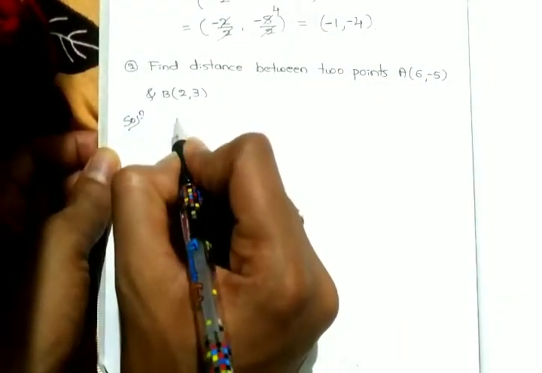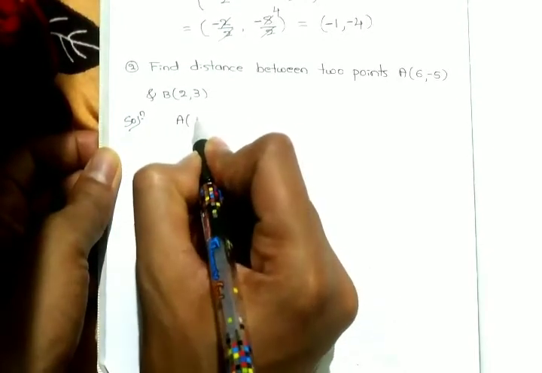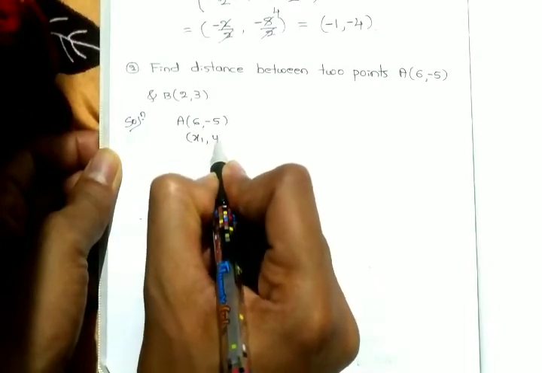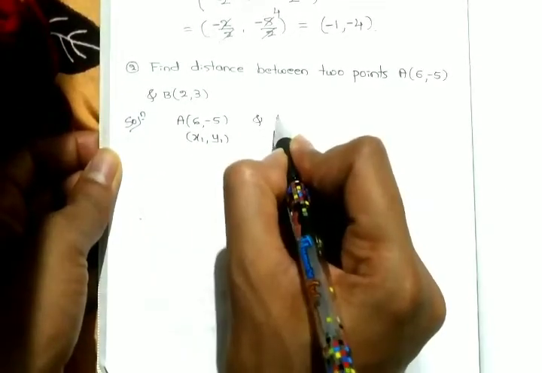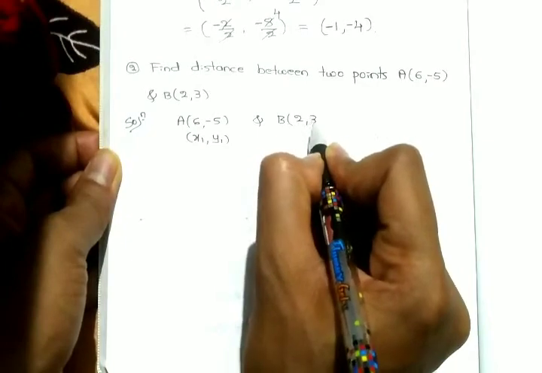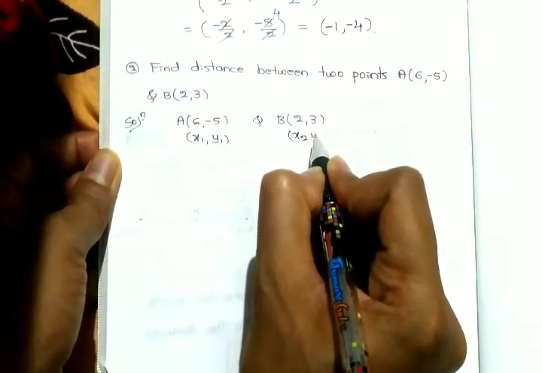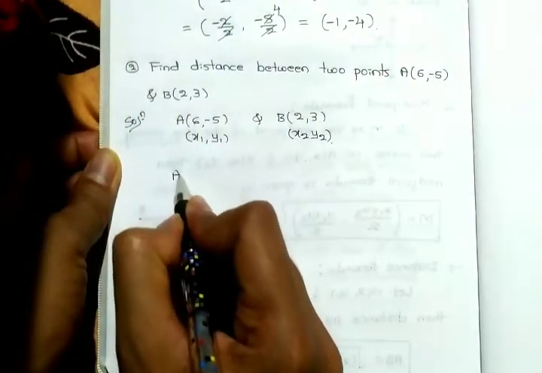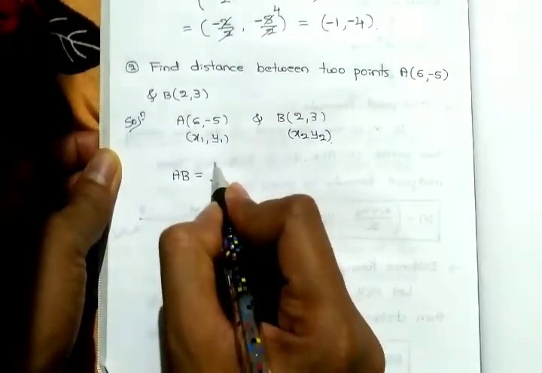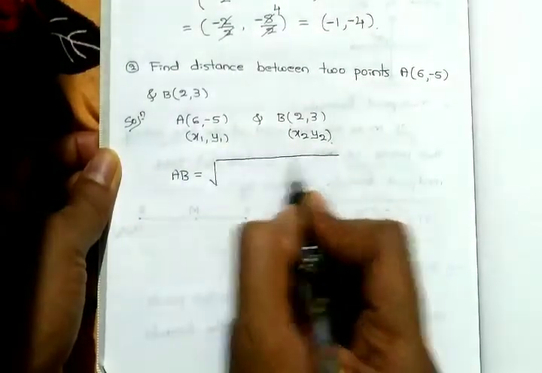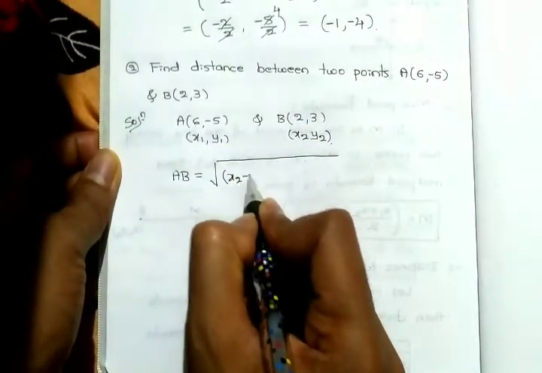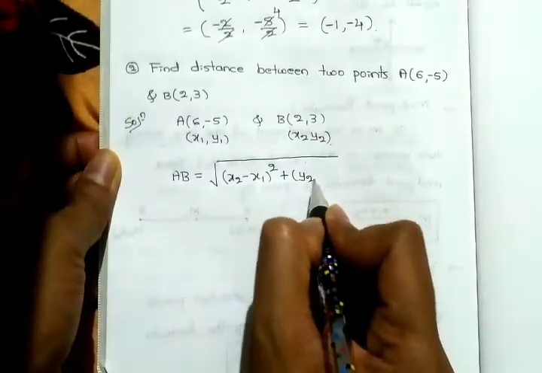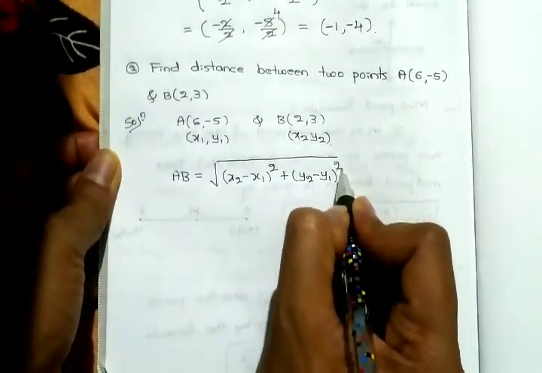Again same, first point A (6, minus 5) consider as x1, y1 and B (2, 3) consider as x2, y2. So you need AB distance, correct? Therefore write the formula. AB equals square root of (x2 minus x1) whole square plus (y2 minus y1) whole square.